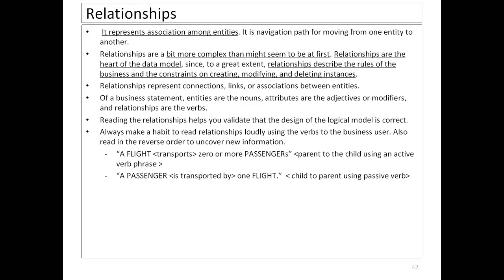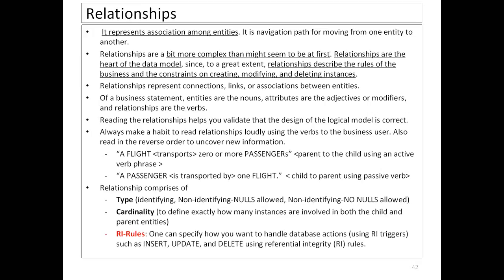The relationship can be mentioned using the active verb, from the parent to the child, or the passive verb running from the child to the parent. For example, a flight transports zero or more passengers, from the parent to child, using an active verb phrase, while a passenger is transported by one flight, which is the direction of relationship from the child to parent using a passive verb phrase.